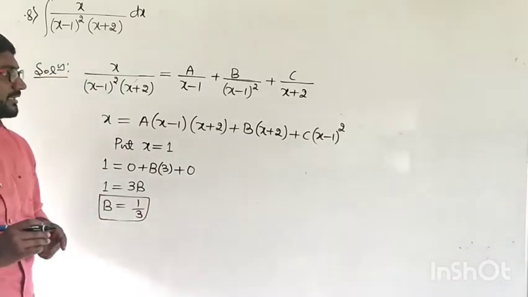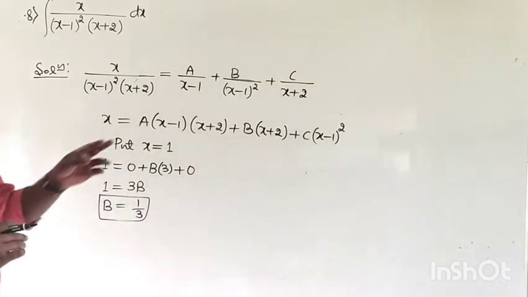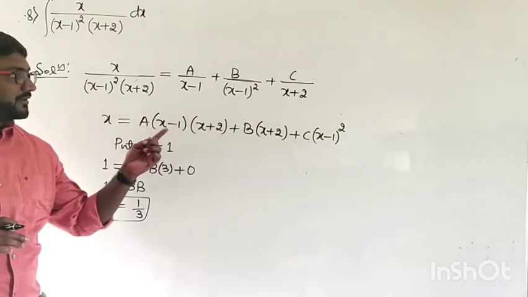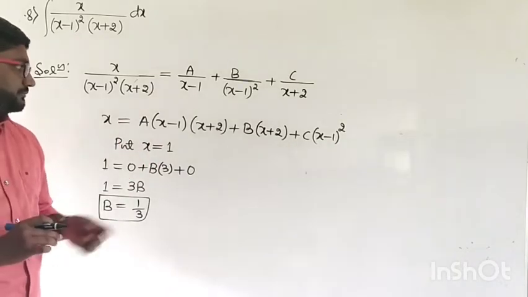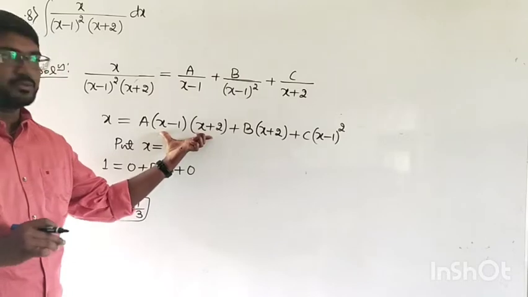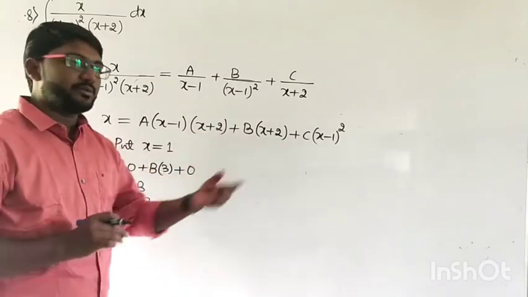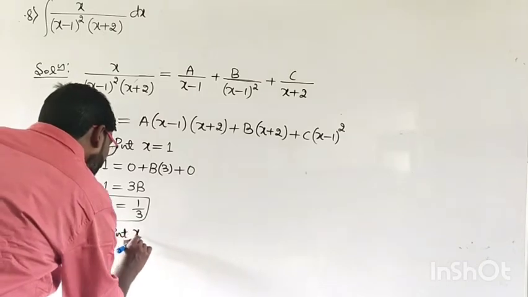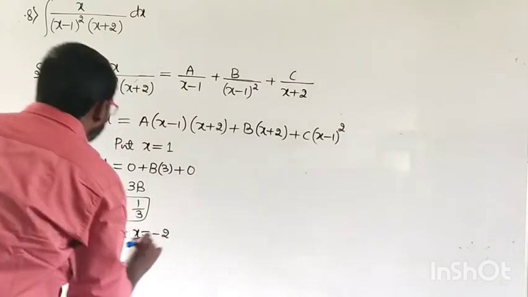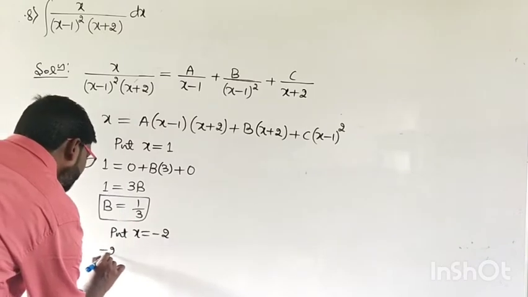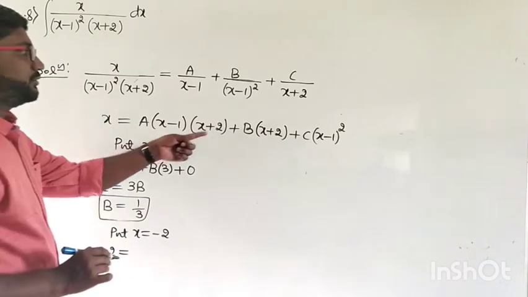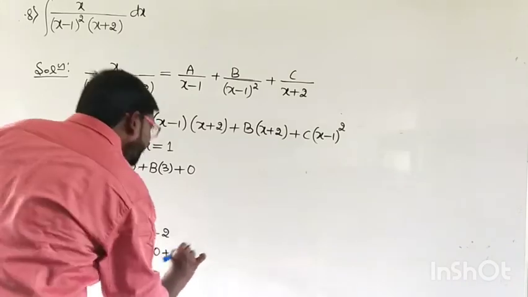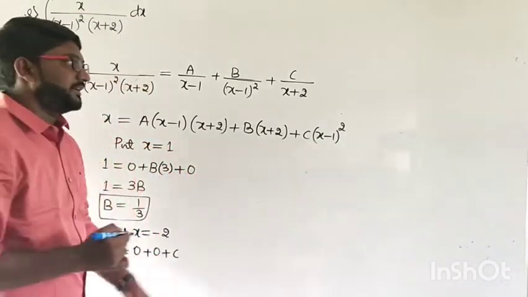Next we have to calculate the value of c and a. So now for that I put x equal to minus 2. Minus 2 plus 2 becomes 0. The left hand side becomes minus 2, which is equal to 0 plus 0 plus 0 plus c into minus 2 minus 1, it is minus 3.